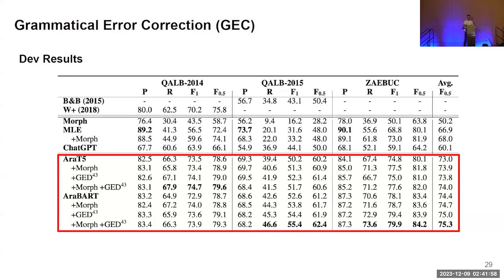And we notice that every time we include morphological preprocessing, GED information, or both, we observe consistent improvements across the 3 datasets. On average, AraBART with morphology and GED was the best performing system, achieving 75.3 F0.5.